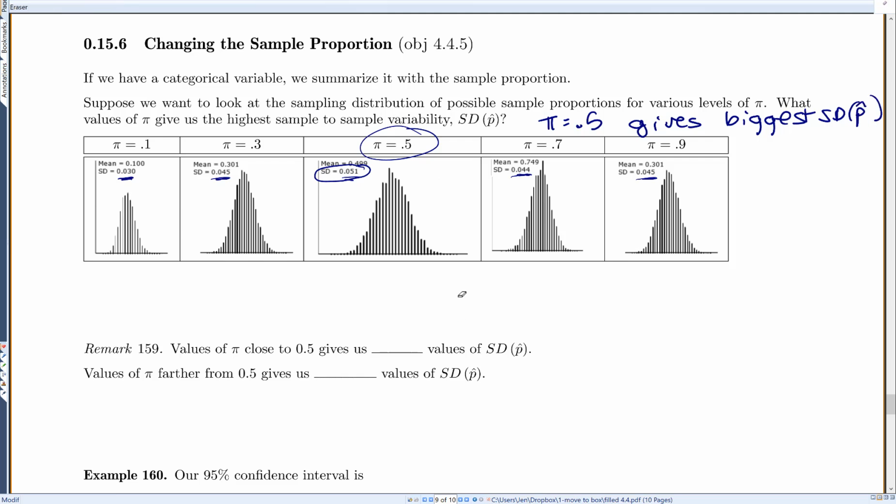So values of pi close to 0.5 give us bigger values of our standard deviation of p hat, and the farther pi gets from 0.5, the smaller the values of our standard deviation.